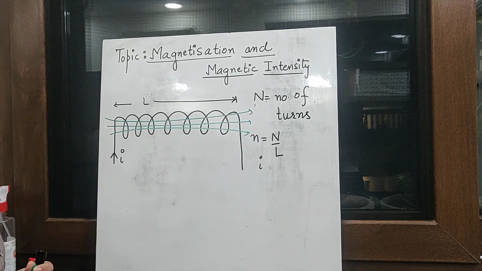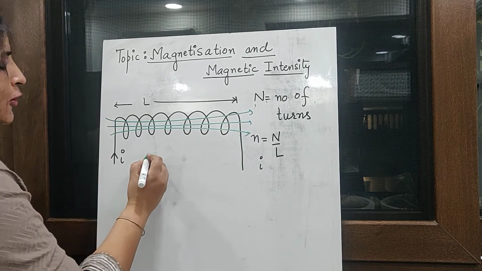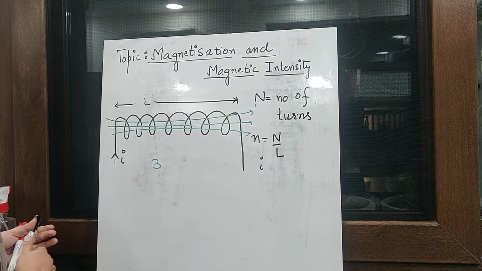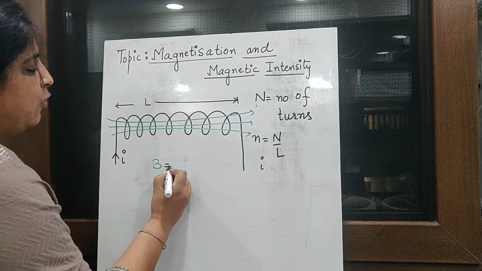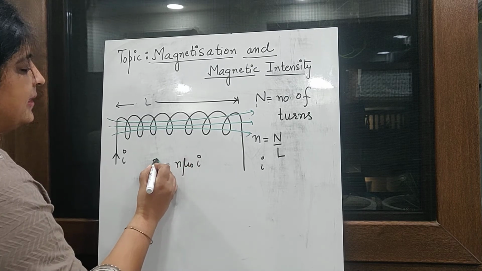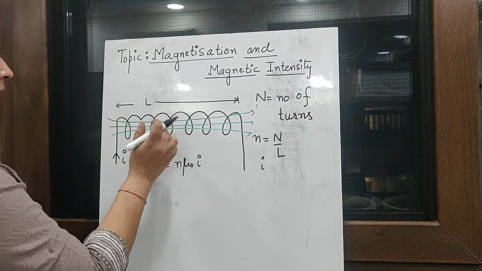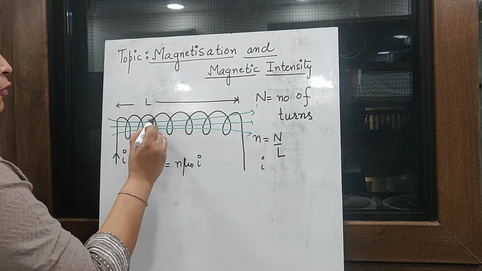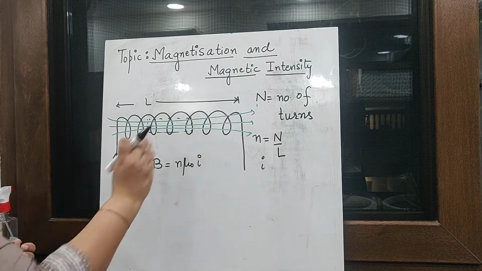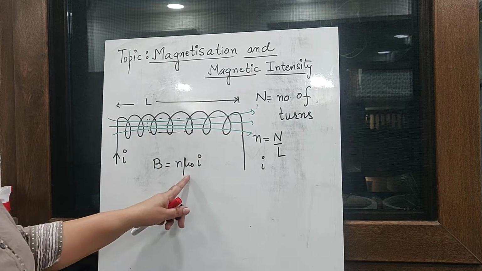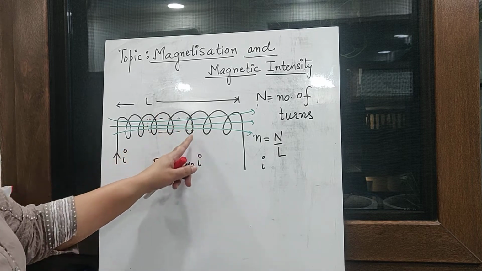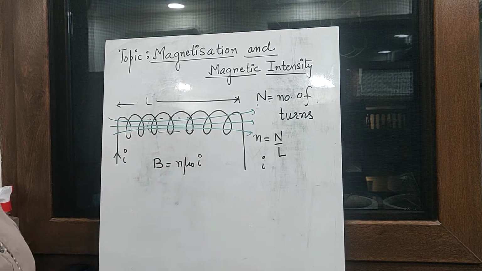It is almost like this, and we have also written that the magnetic field inside the solenoid will be equal to n mu naught I. This is the strength of the magnetic field inside, and that too only in the middle portion, right? Because at the ends it is half of what I have shown over here. It is n mu naught I by 2 at the ends. It is only in the middle region that it is uniform, and it is given by n mu naught I.